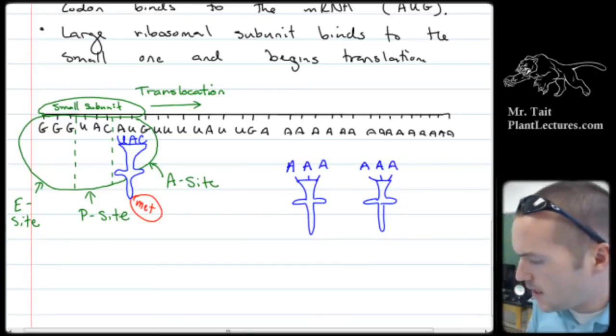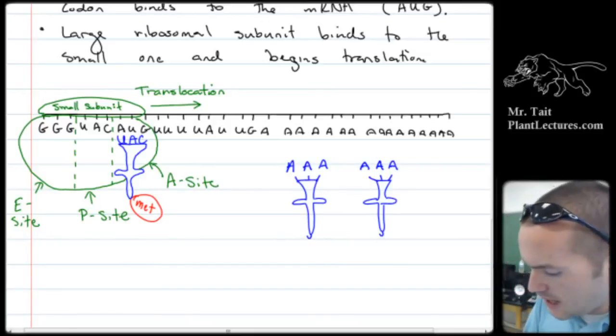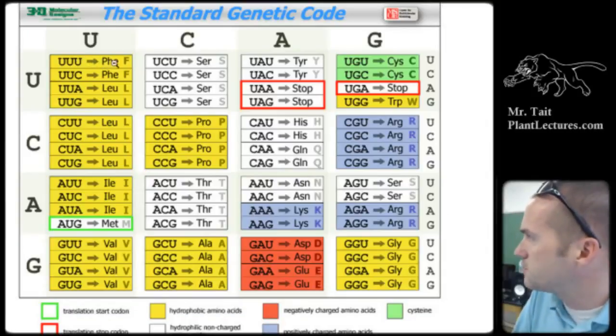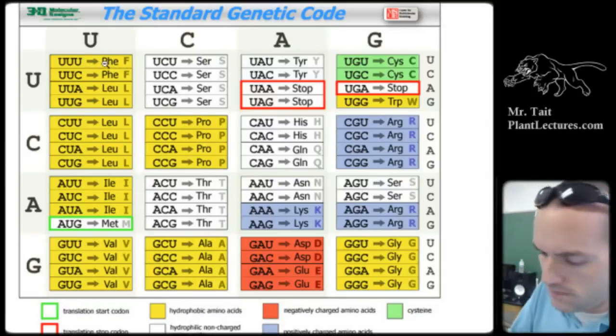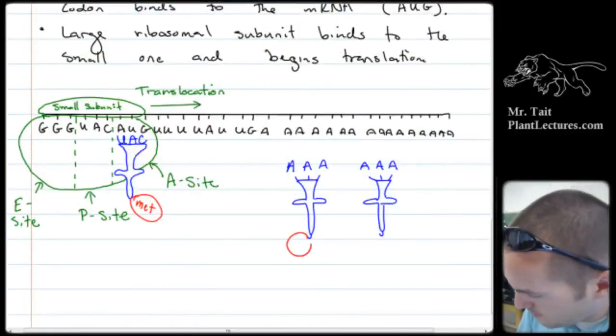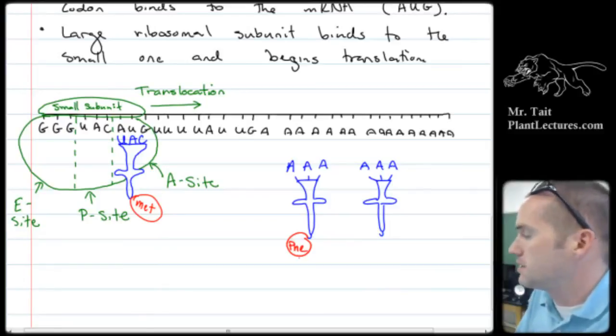Like so. And they both have their little enzymatic hook on the bottom like this. I can look on the chart and see that UUU codes for phenylalanine, so I can just put that on here, and let's put it on one of them. This one has phenylalanine on it, this one does not.